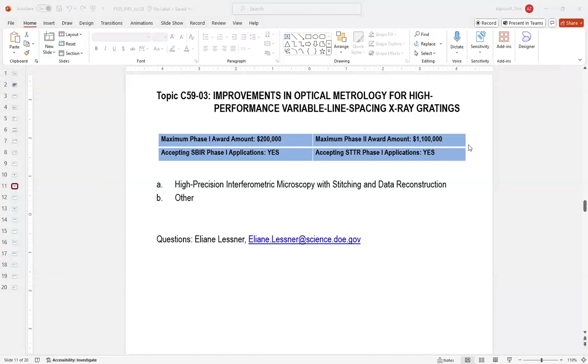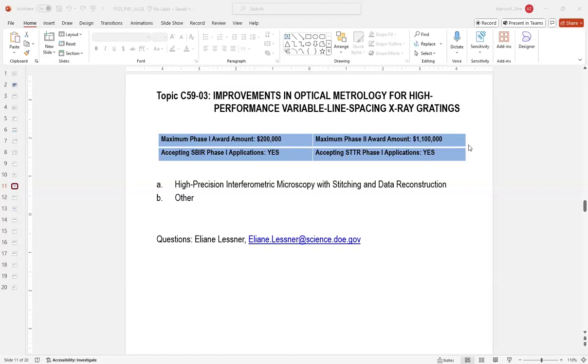Here is some basic information about BES. BES supports fundamental research to understand, predict, and ultimately control matter and energy at the electronic, atomic, and molecular levels in order to provide the foundations for new energy technologies and support DOE's mission in energy, environment, and national security.